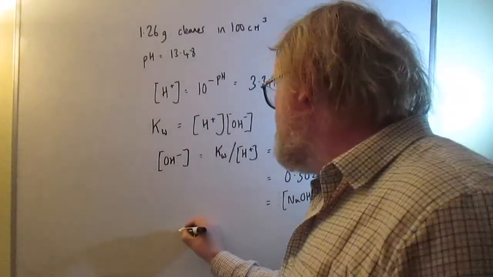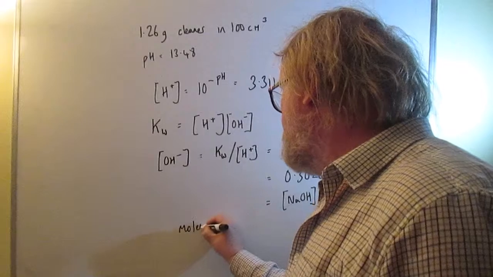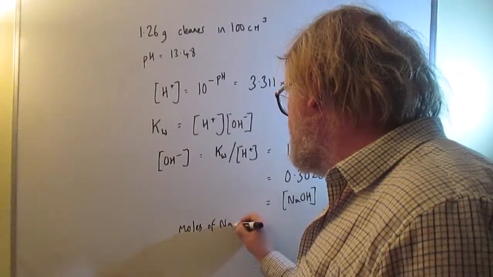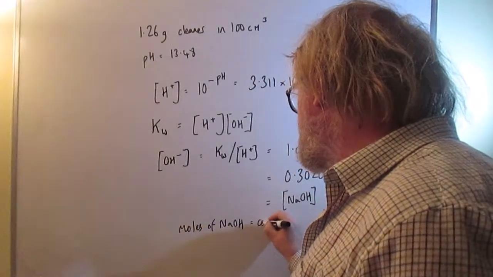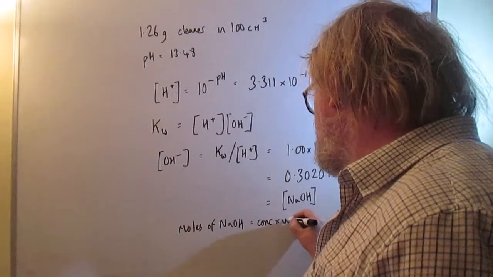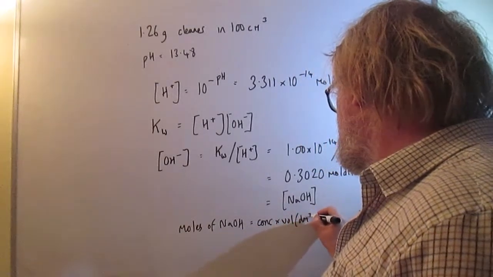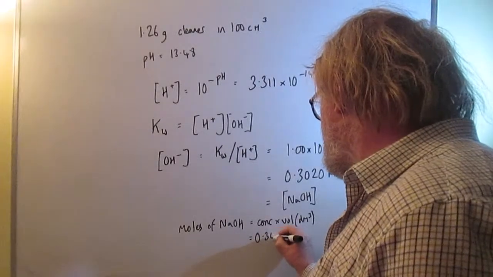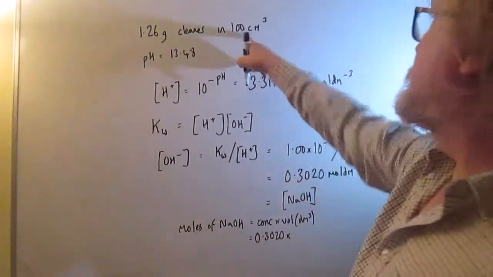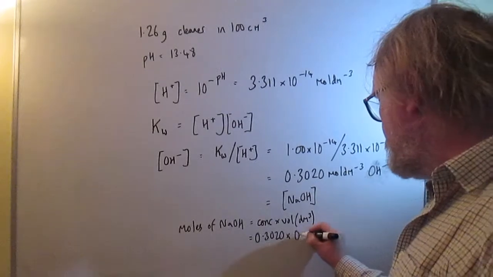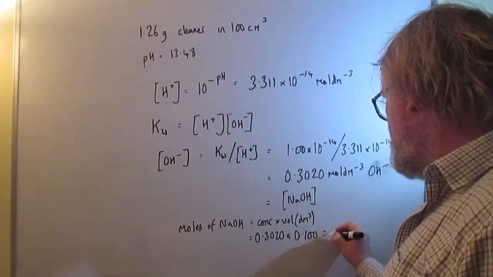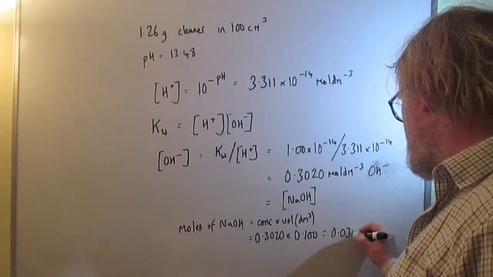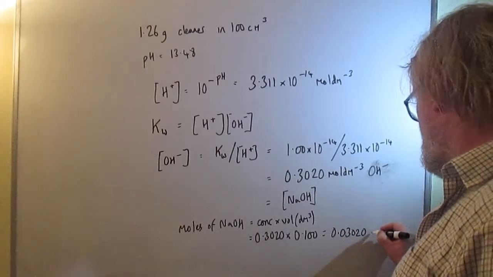So the next job is to get the moles of NaOH, which is concentration times volume in dm cubed. So that's the concentration, 0.3020, and we're talking about 100 cm cubed, so that's 0.1 dm cubed, which is 0.03020 moles.